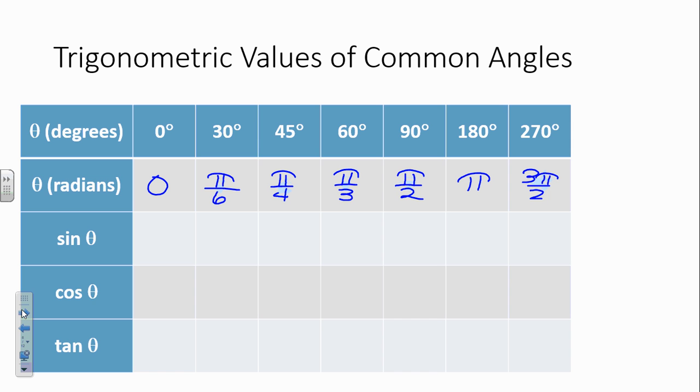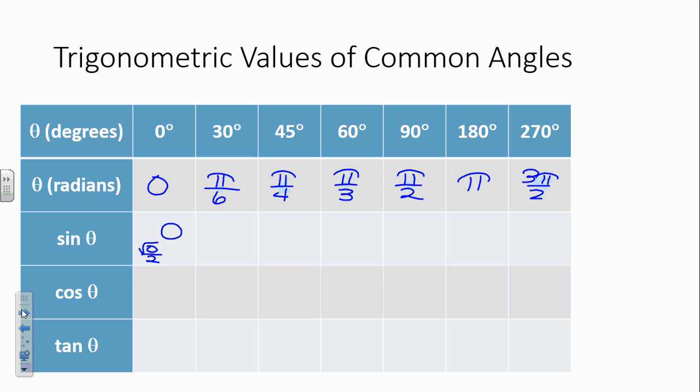Now, one way you can do this with a table is you can put the ordered pairs up above. We'll do that in just a moment. But let me show you how to count by square roots. It makes life so much easier. The sine of 0 degrees is the square root of 0 over 2. What's the square root of 0? 0 over 2 is 0.